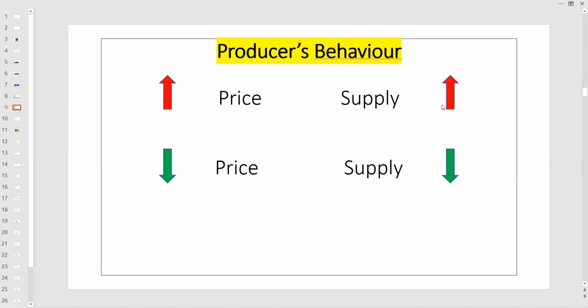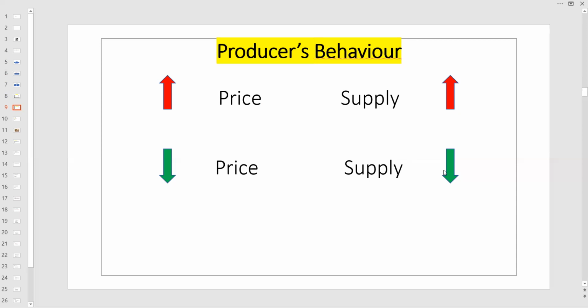The question is why this happens. Why will he supply more at higher prices? Because as a producer, his aim is to maximize profit or to earn more profit. It is the aim of every producer or every businessman. So at higher prices, he will supply more quantities of commodities to the market. And when price decreases in the market, he will supply fewer quantities of commodities. So this is the producer behavior.